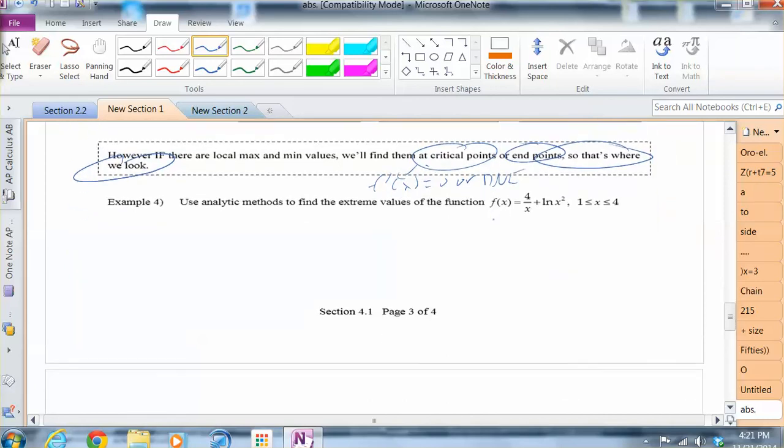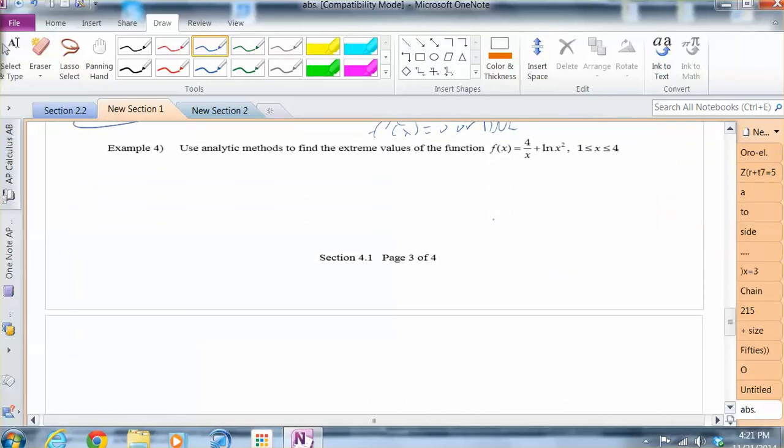So let's apply this to example 4. I'm going to take the derivative, but before I do that, let me prep this function so it's easy to take the derivative. We just had our derivatives test, so hopefully you guys are comfortable with what I'm doing. There, just the power rule.